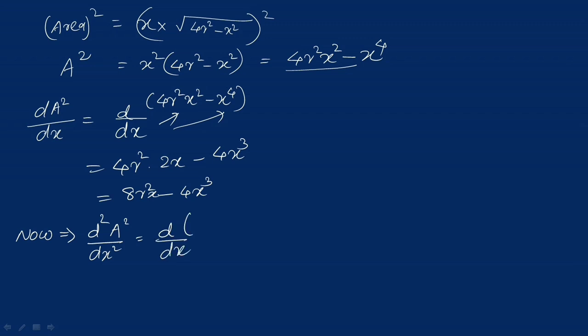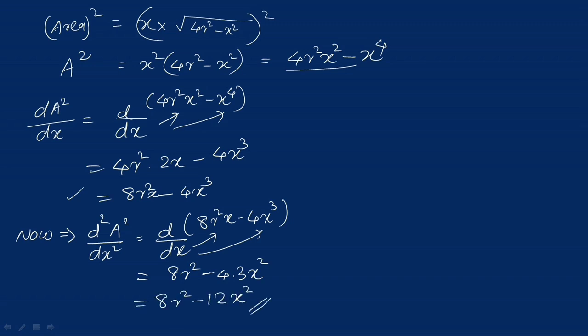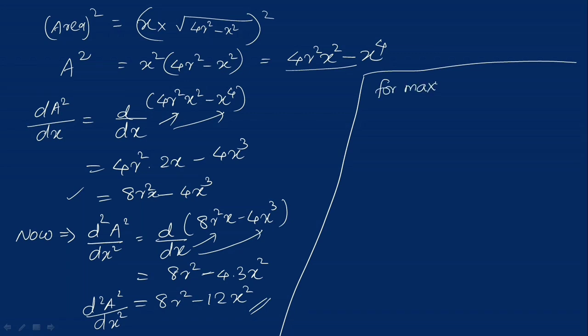That is d by dx of 8r square x minus 4x cube. d by dx of 8r square x is 8r square, minus d by dx of 4x cube, that is 4 into 3x square, or we can write d square A square by dx square is equal to 8r square minus 12x square.